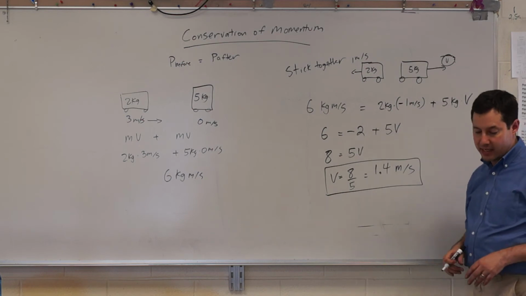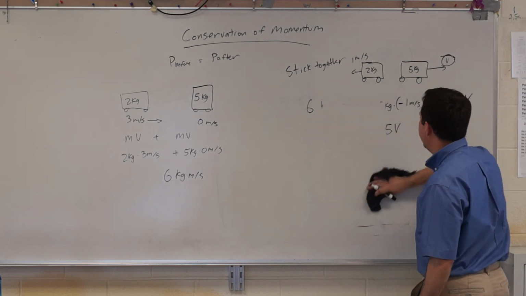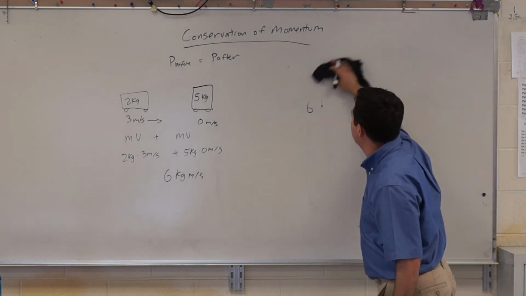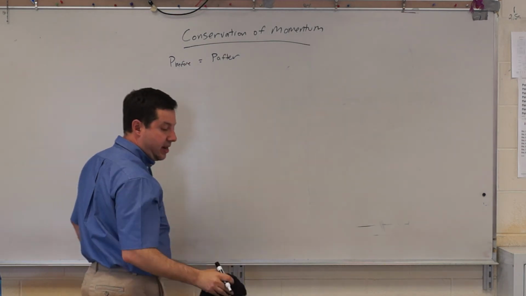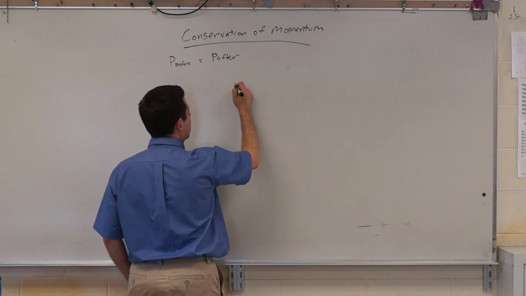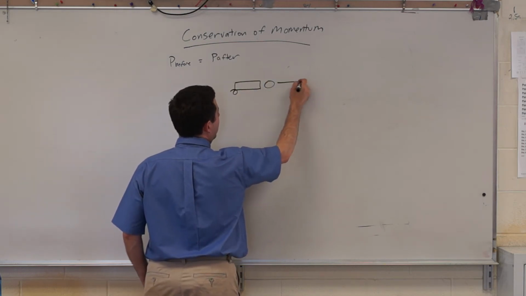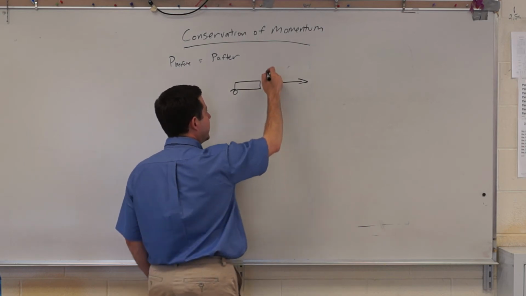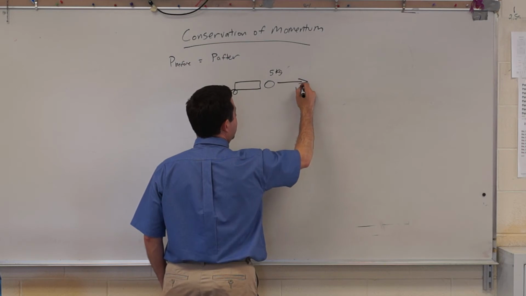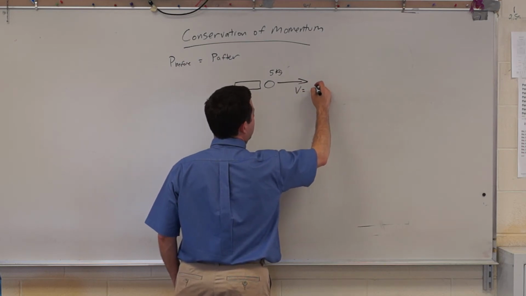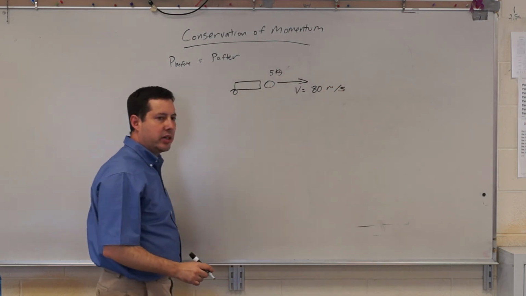I'm going to give you one last example, and this example is going to be of a cannon shooting a cannonball. And as you recall, I said two objects. There's your cannon, shooting a cannonball. Boom, the cannonball goes out. Let's say it is a 5 kilogram cannonball and its velocity is 80 meters per second. It's going pretty quickly.